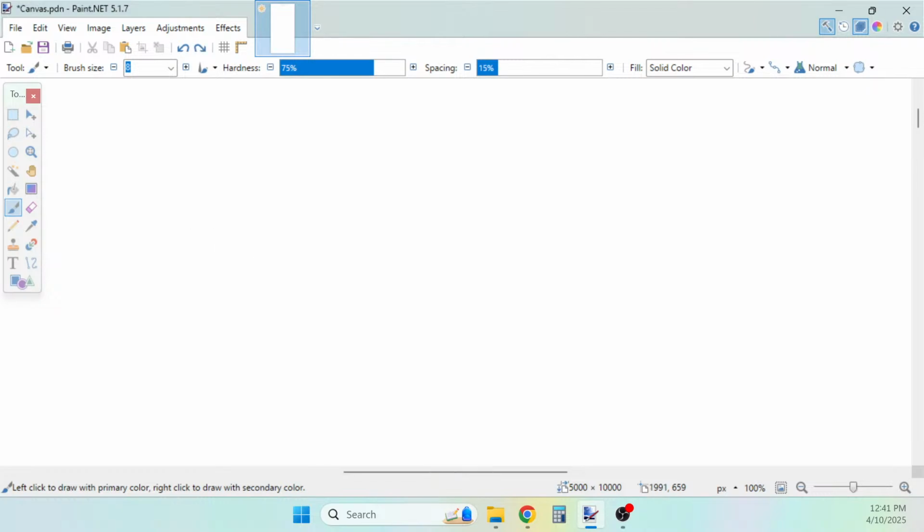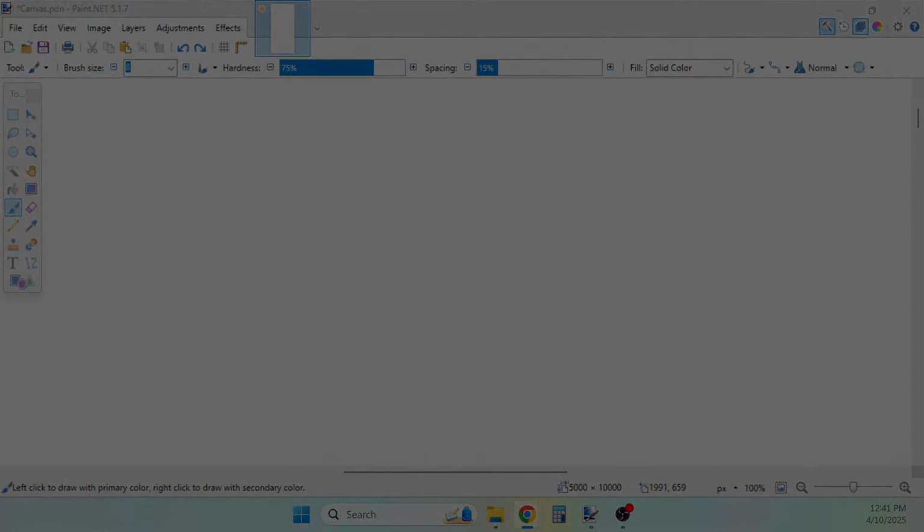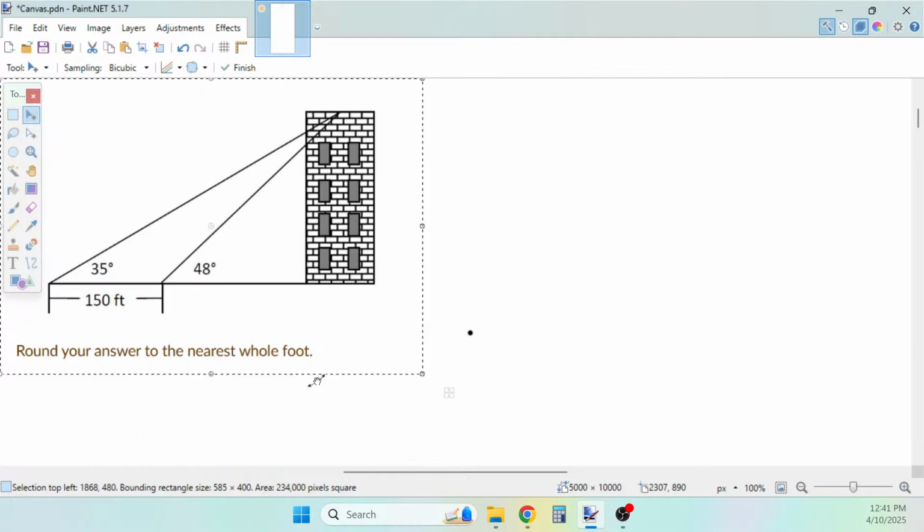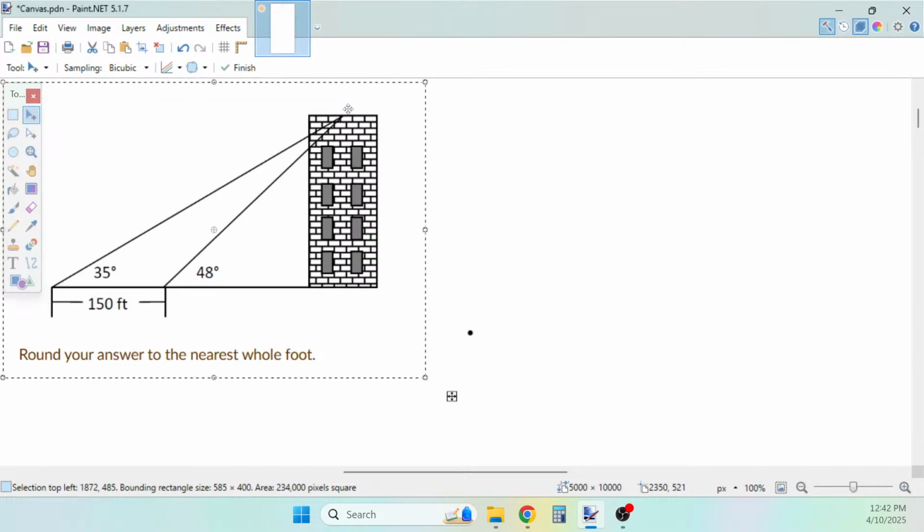So we have this picture here. We want to figure out for this one how tall the building is.